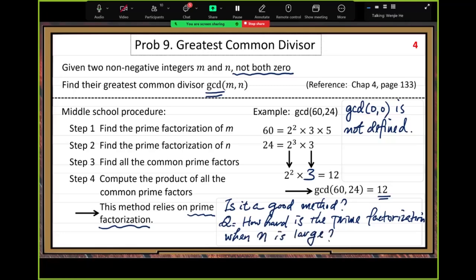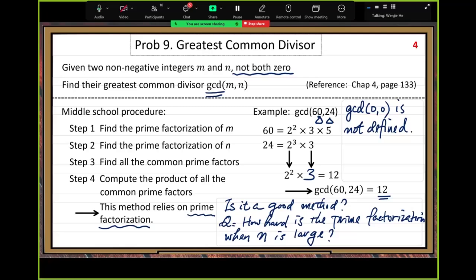Here, our integers to be factorized are relatively small, 60 and 24. Very small. But think about if you have a huge integer. How big is the integer you want to do prime factorization on?